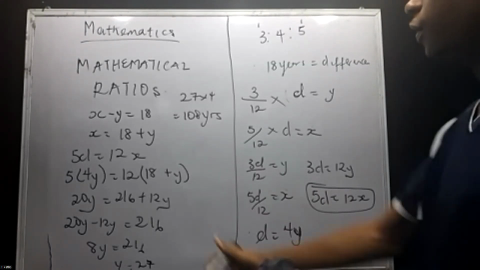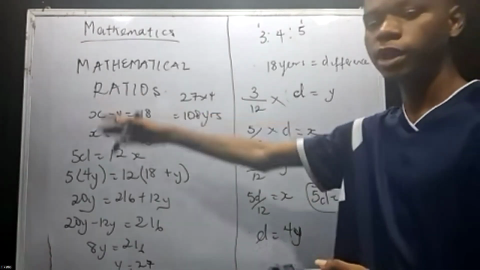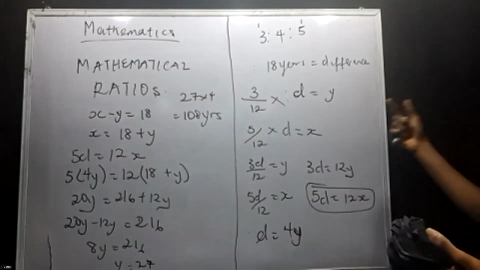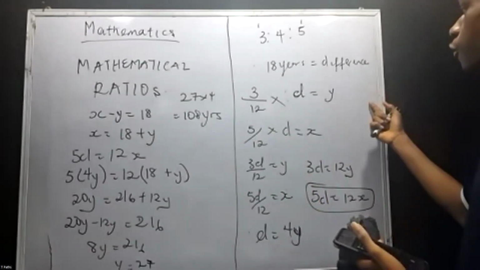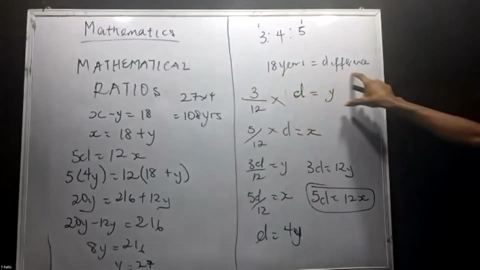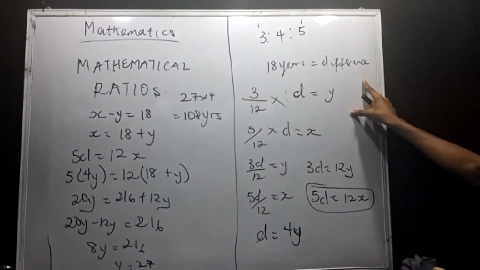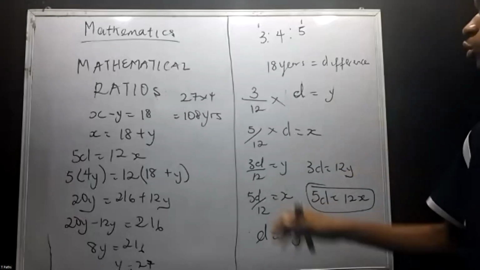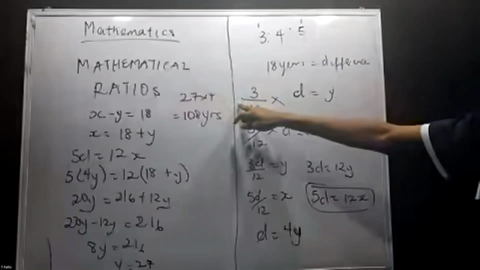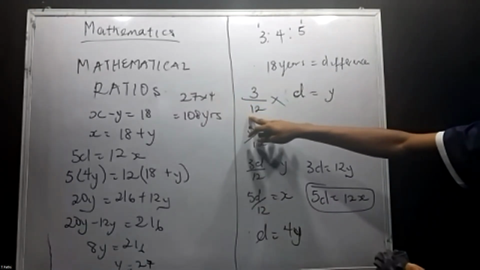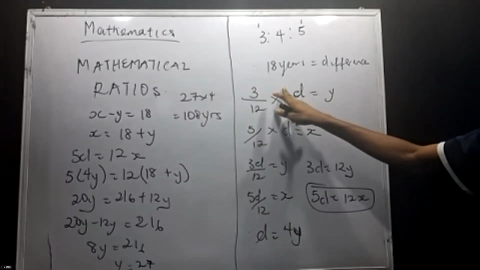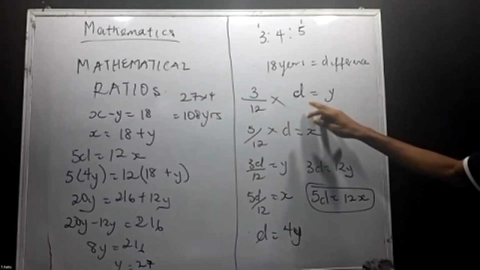After deriving the first equation given in the question, x minus y equals 18, I can derive a new equation from the question using the normal way of calculating the unit share in the ratio. The unit share is the unit ratio divided by the total number of ratio, multiplied by the total value shared.